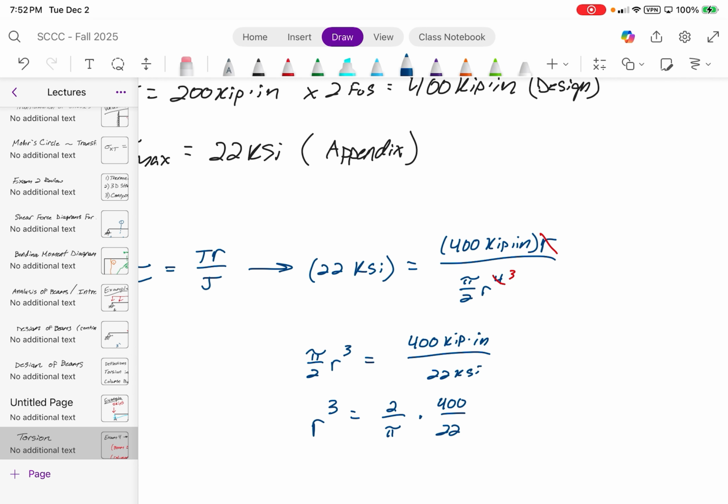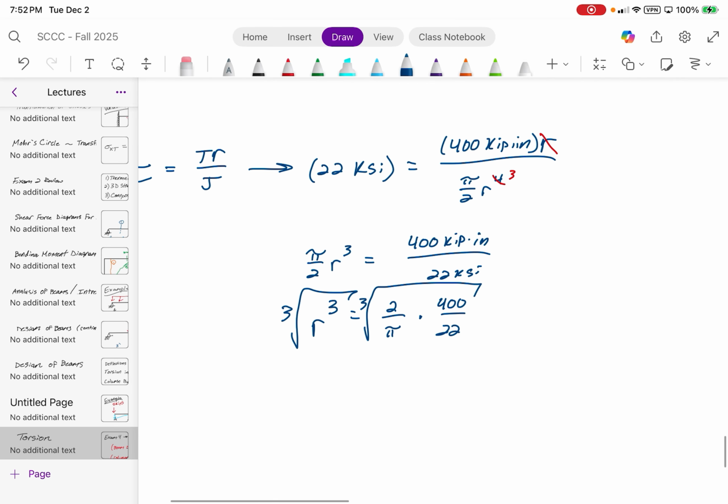You have to take a cube root of both sides. So r is going to equal the cube root of 2 over pi times 400 divided by 22. Which gives us a radius of 2.26 inches.